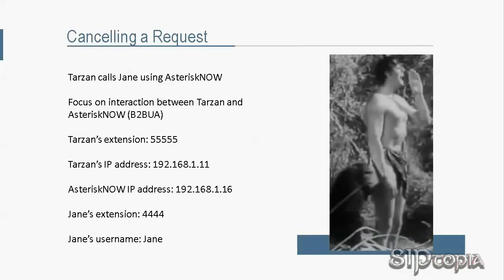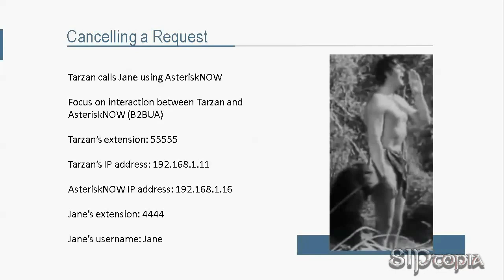Alright, in this call, Tarzan has the extension 55555 and the IP address of 192.168.1.11, whereas the *now PBX has the IP address of 192.168.1.16.